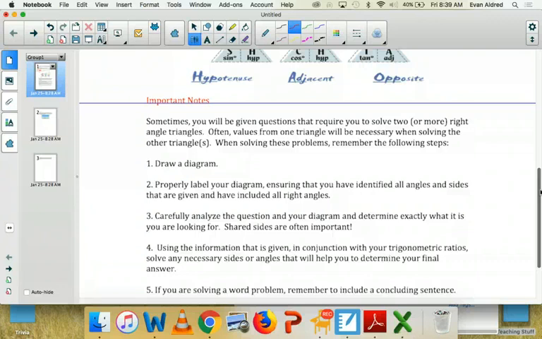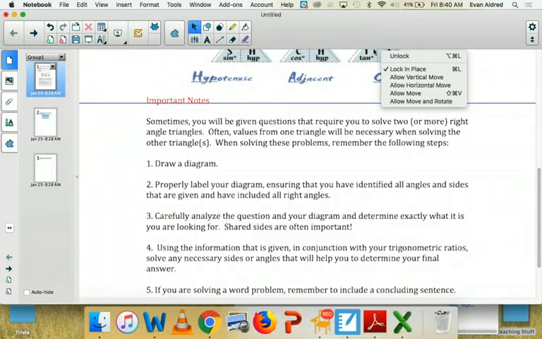So our first step, as it always was and always will continue to be when solving trig problems or just math problems in general, is if you can draw a diagram, draw a diagram. So if I've given you a diagram, then obviously you wouldn't have to do step number 1, but if you're given a problem and no diagram is provided, your first job is to draw one.